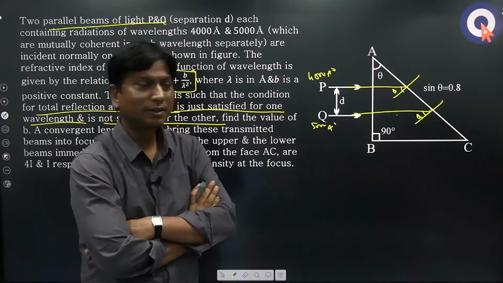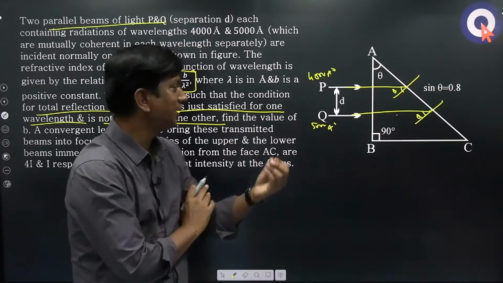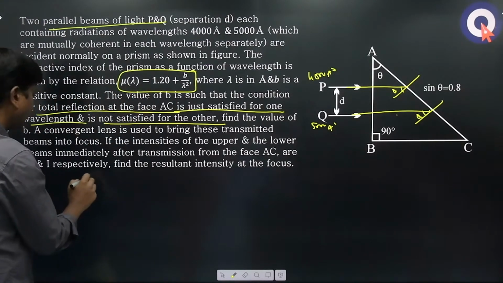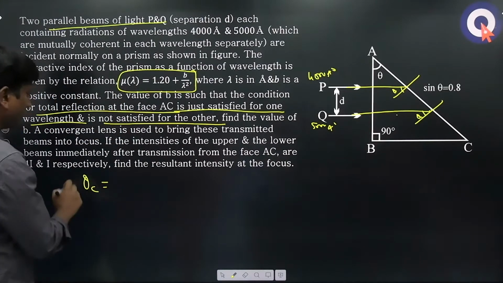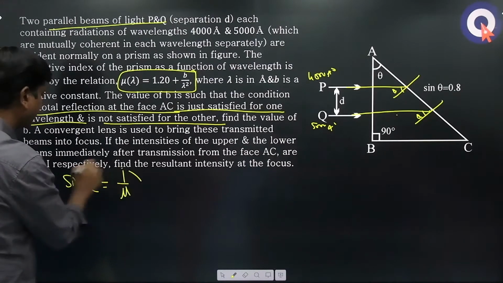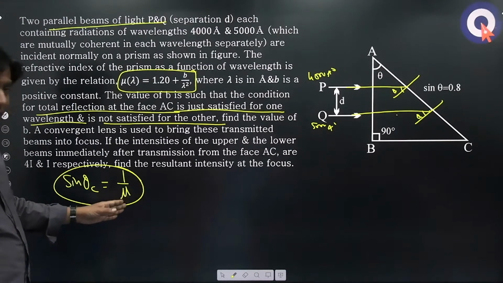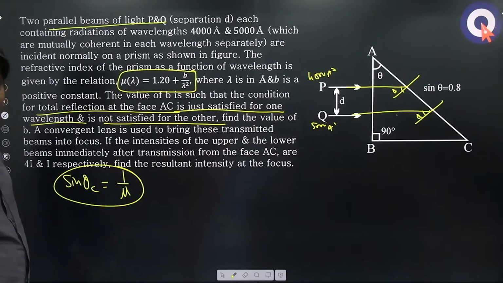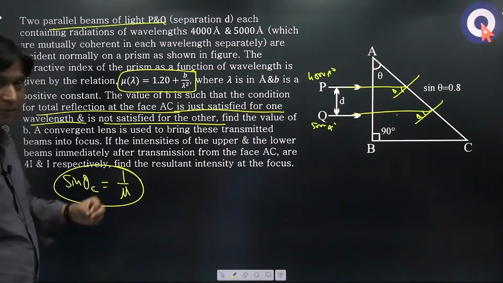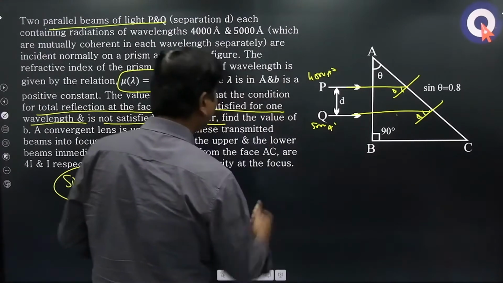And critical angle is given by sine of the critical angle equal to 1 by nu. So when refractive index is more, critical angle will be less. Right or not?